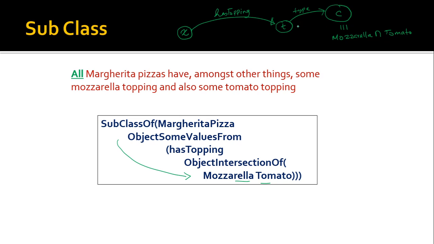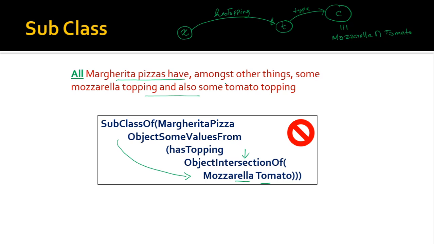Now you are trying to find some topping that is a type of both mozzarella and tomato, which is not really possible. We cannot have any element, any ingredient that is both mozzarella and tomato, which is what is being represented using this, right? So you want some topping T which is both mozzarella and tomato, and that is not exactly the thing that we are trying to model. That's why this is an incorrect representation of the statement which we have made here, right?